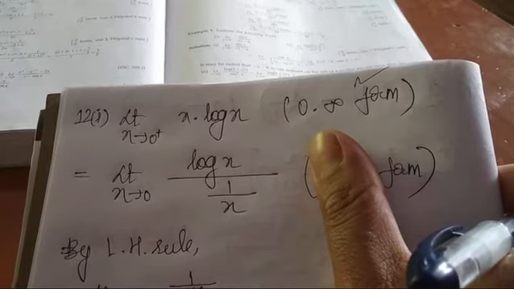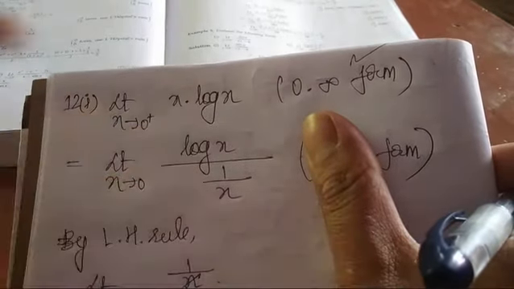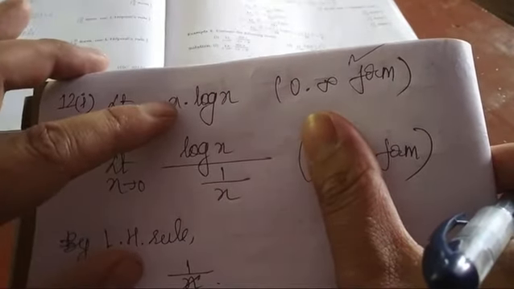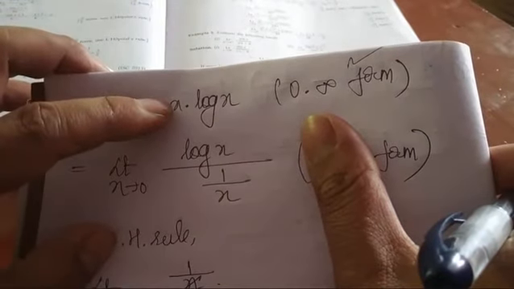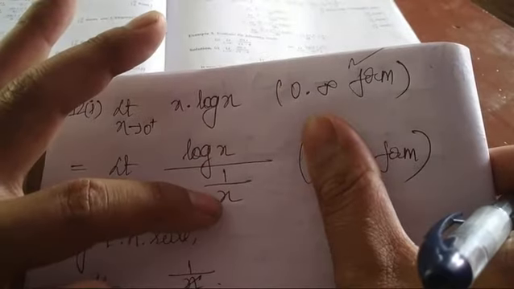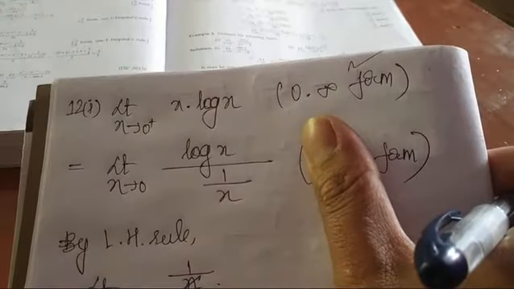So what will I do here is keep log x as log x in the numerator, but this x I can write as 1 by x, because 1 by x after reciprocal becomes x into log x.